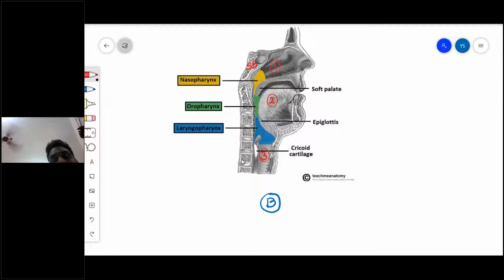Then C1, C2, C3, C4, C5, and up to the lower border of C6, which I am showing with the arrow. So posteriorly, it is supported by and related to the upper 6 cervical vertebrae, the intervertebral discs between them, and the body of the sphenoid bone.